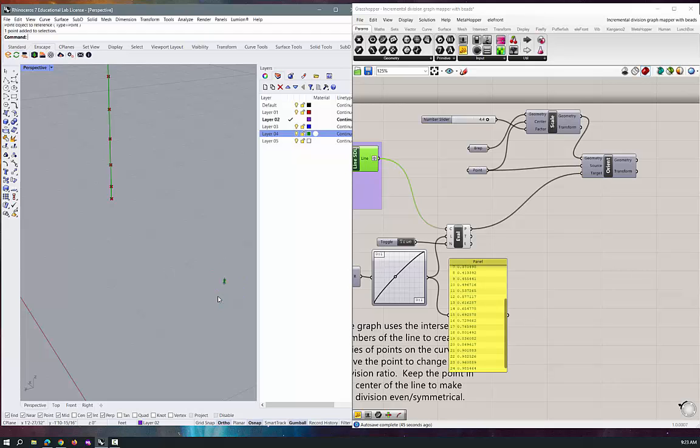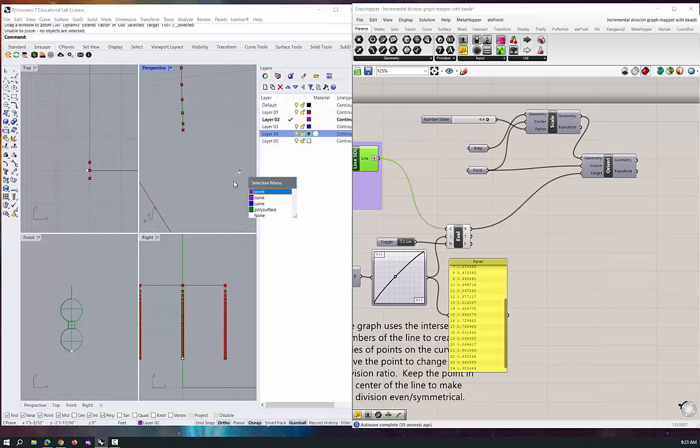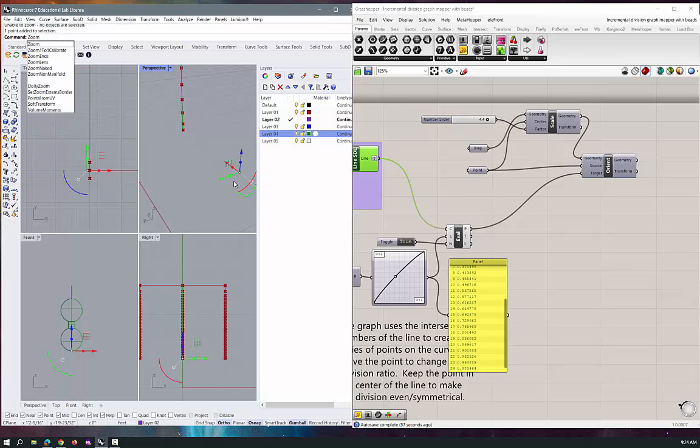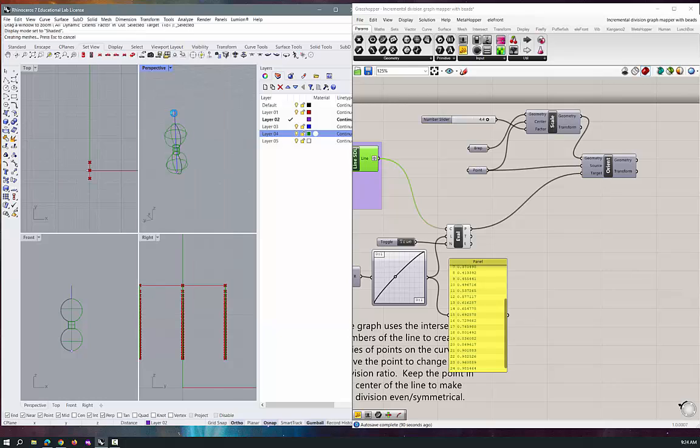Let's see. Let's go ahead. So this little guy right here, I go to shaded, right?